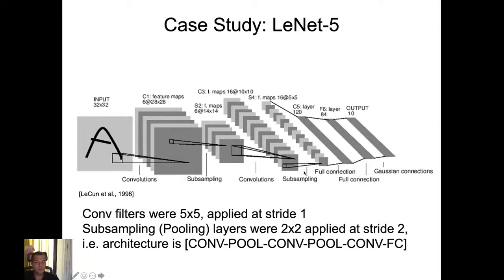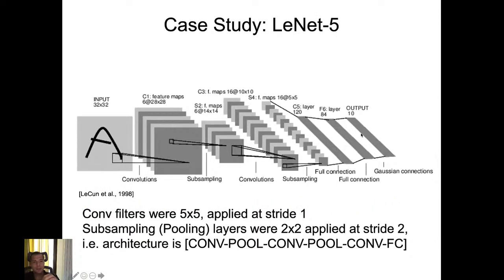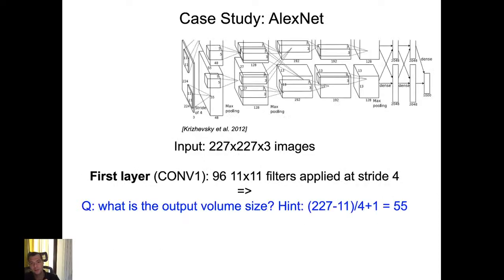Then they apply another subsampling layer and reduce the spatial dimension to 5 by 5. Then they have 2 fully connected layers and the classification layer. So this is the LeNet architecture, and I think it's straightforward to figure out all the components and how it works.